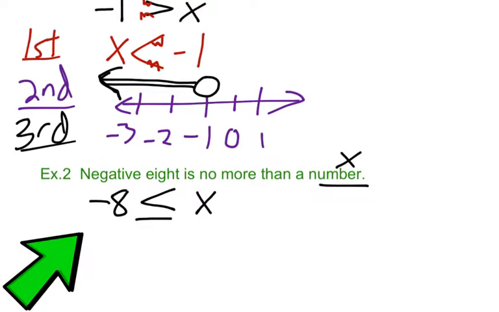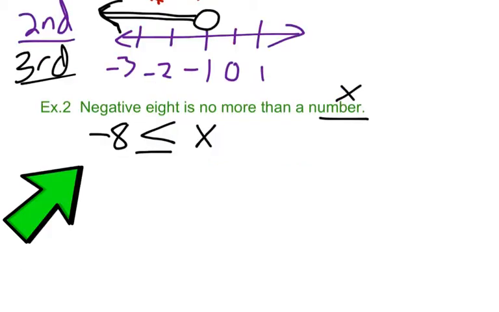That means -8 can't be any greater than a number. So it can be less than the number, but it can't be greater than the number. It can also be equal to the number. All right, well now let's rearrange that a little bit.